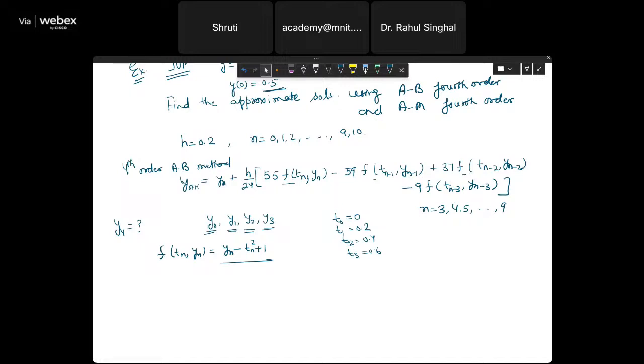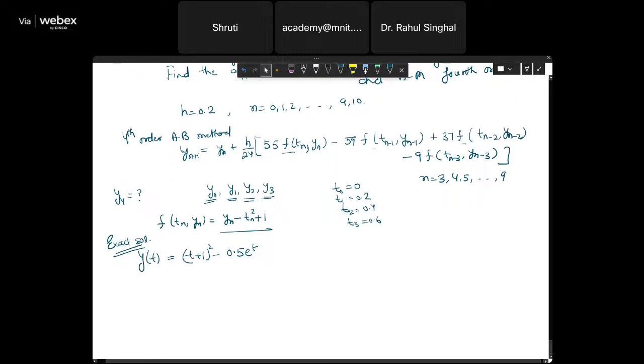So the exact solution y of t for this problem is (t plus 1) whole squared minus 0.5 e to the power t. This is the exact solution used to calculate the exact values at the different time steps.